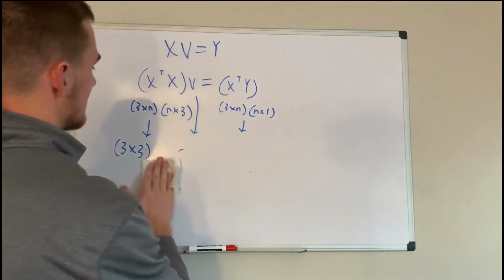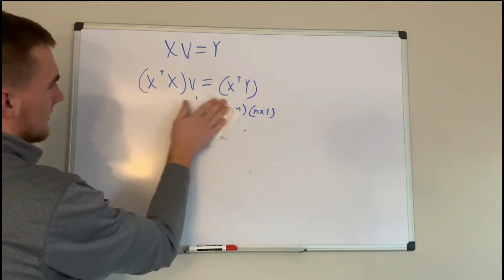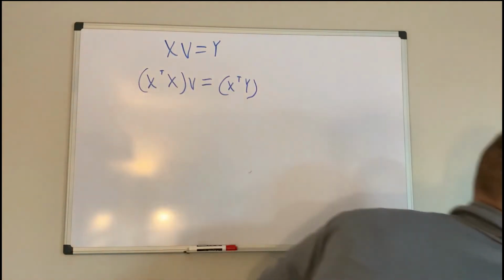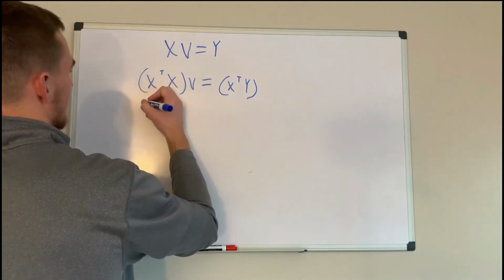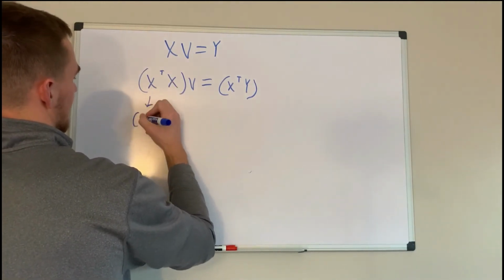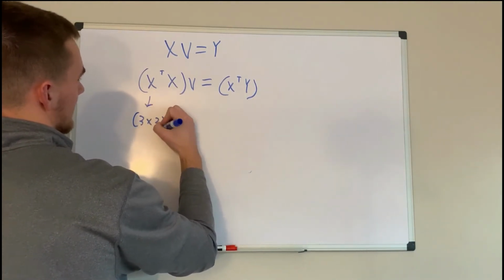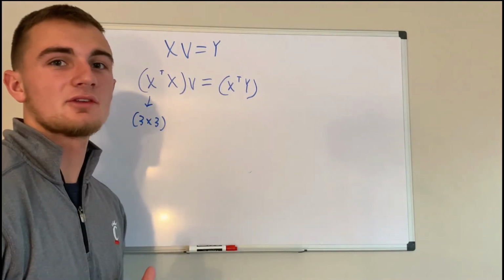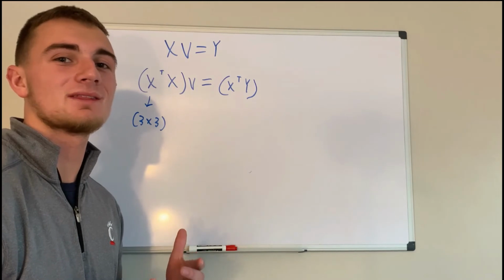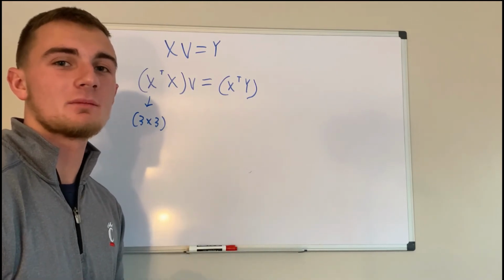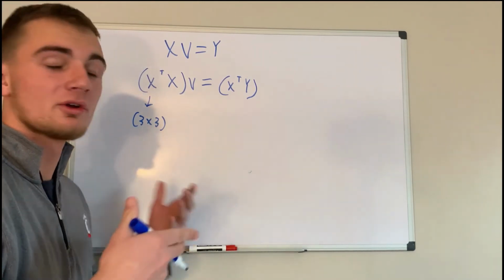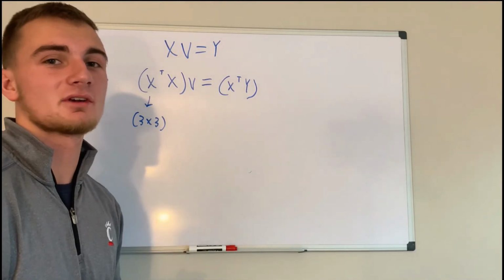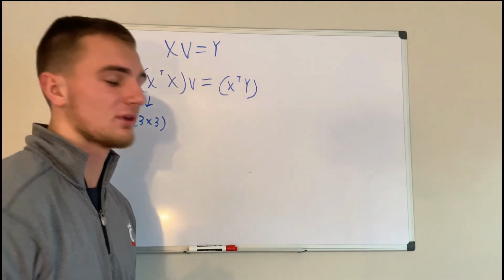So doing this, since we have a 3 by 3 matrix for our design matrix, this turns it into a square matrix. So we can now take the inverse. I'm going to go ahead and take the inverse of X^T X and multiply that by both sides.